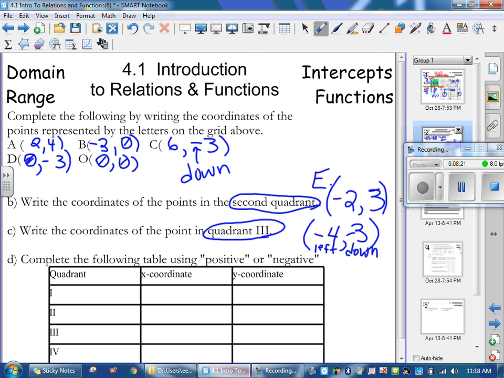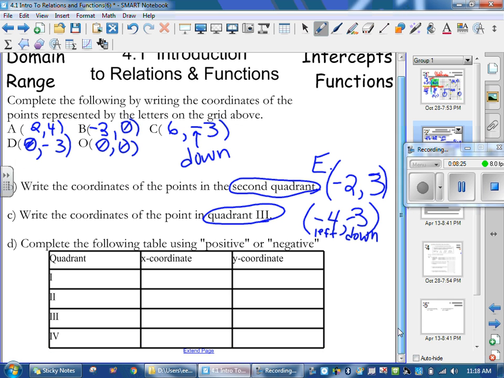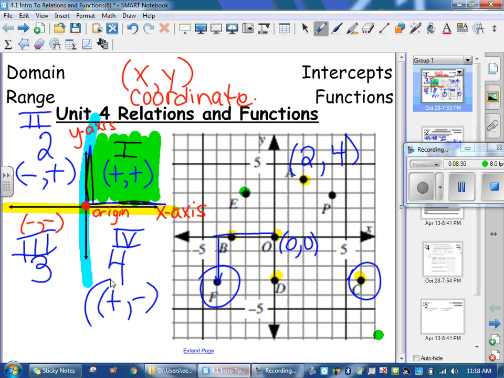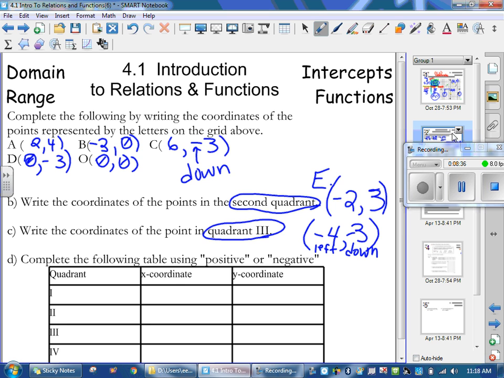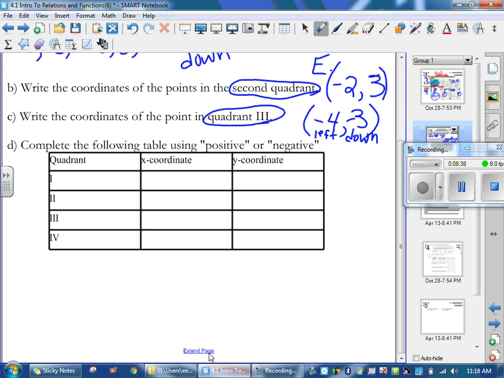All right, let's take a look at letter D here. This is where we just wrote our quadrants as well. So they're just asking us about these, what we wrote here, what each quadrant is. So they just want us to write it down in our chart. So here's our chart.